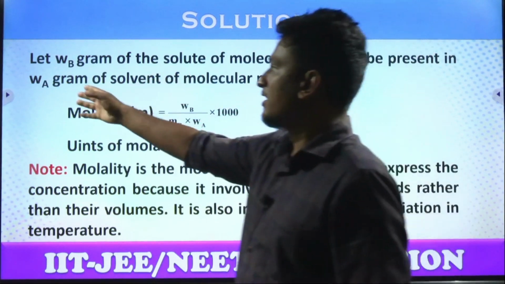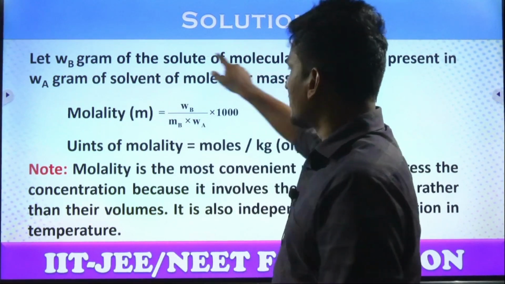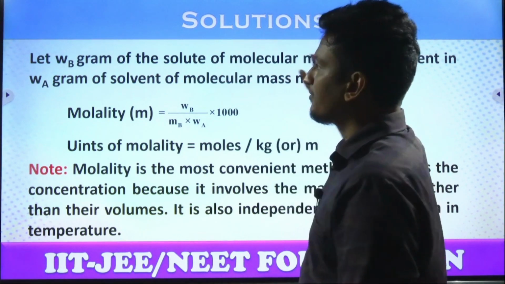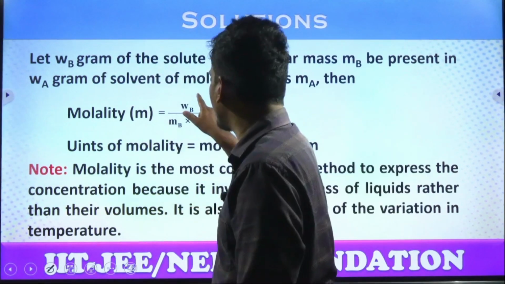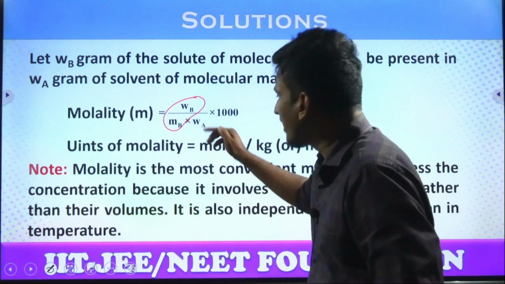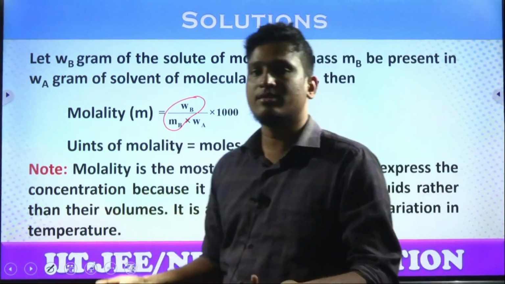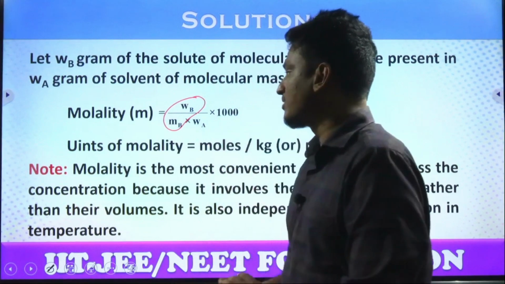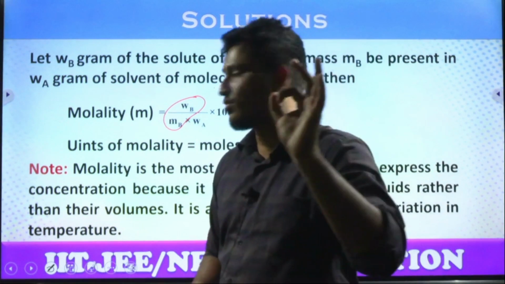So for example, let W be the grams of the solute of molecular mass MB. Now the whole expression indicates number of moles of solute divided by mass of solvent, into 1000. Why into 1000? If you want to express in grams, into 1000. So the unit of molality is moles per kg, indicated by small m.